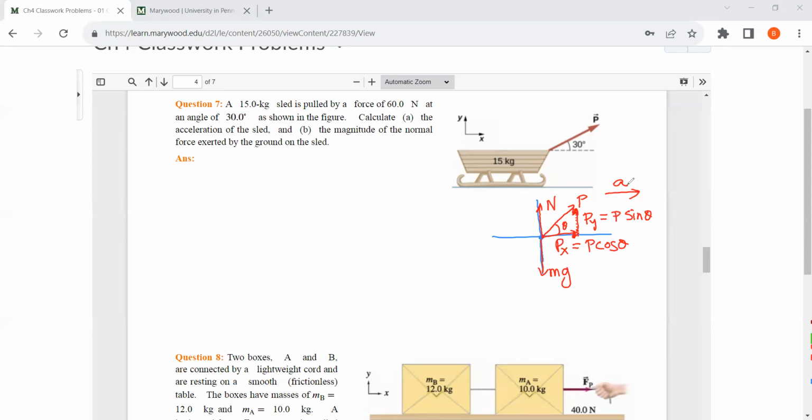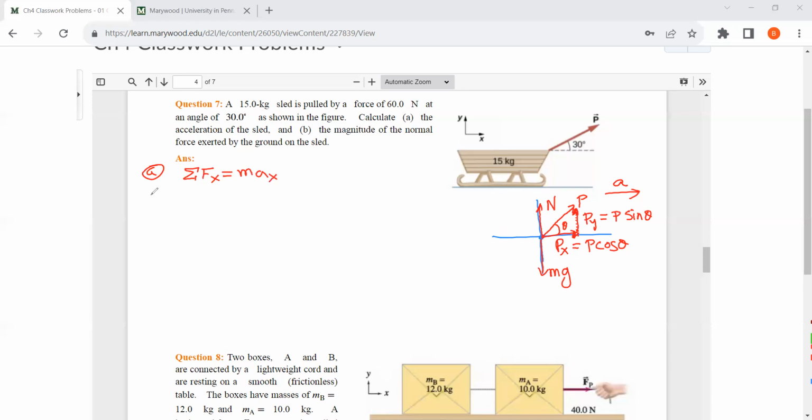Okay, now let's first try to calculate the acceleration. To calculate the acceleration, we have to use this equation, Fx equal to max, because the acceleration is along the x direction.